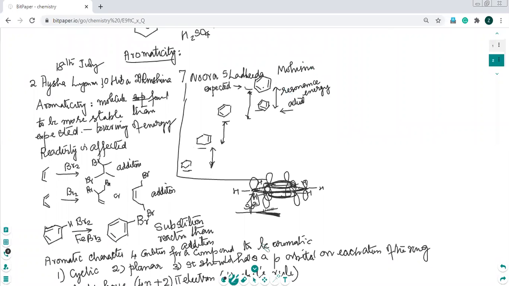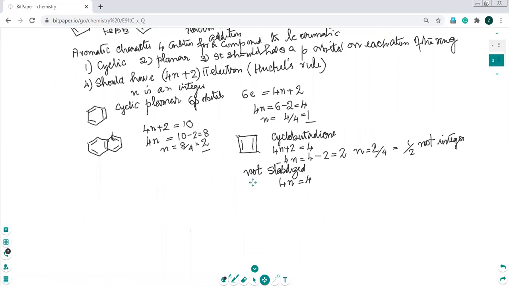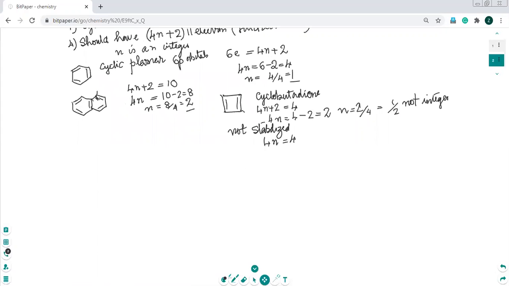So 4n is equal to 4, therefore n equals 1. Such compounds, which follow all these conditions except 4n plus 2, and have the 4n rule instead, are called anti-aromatic compounds.